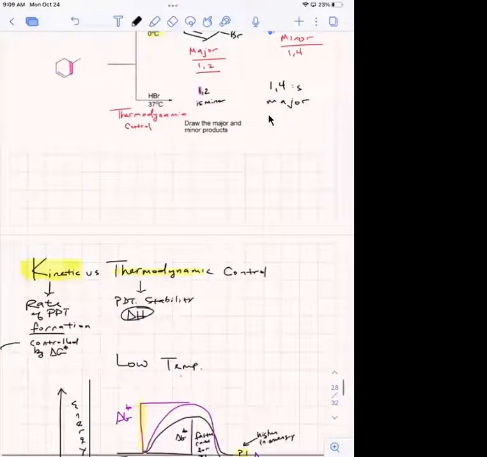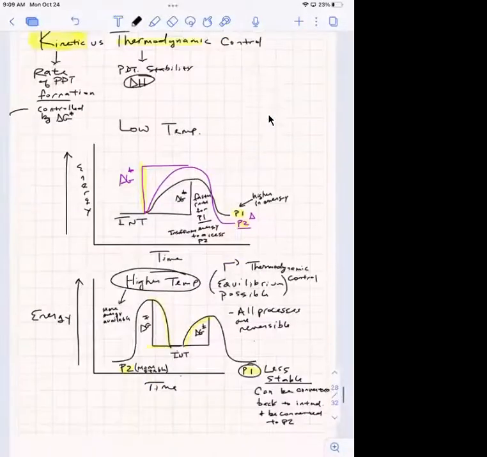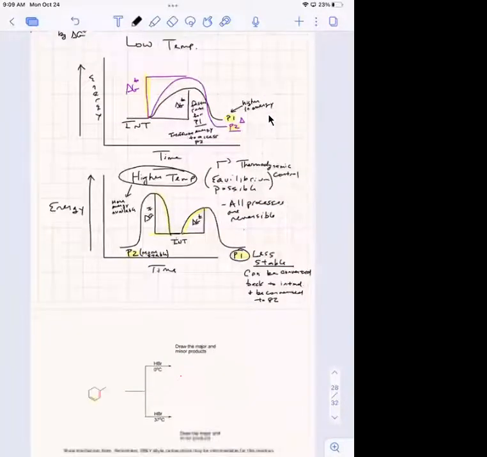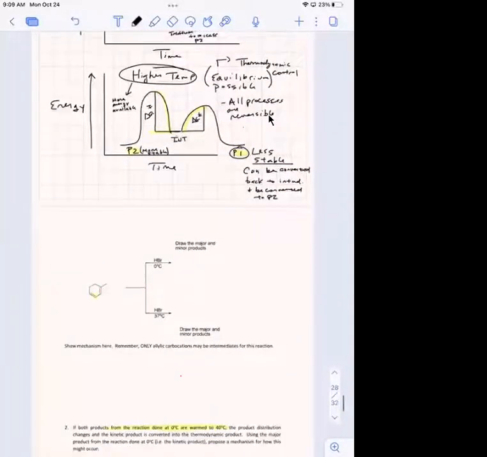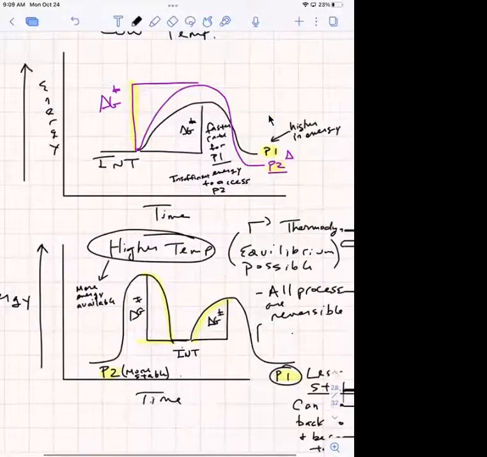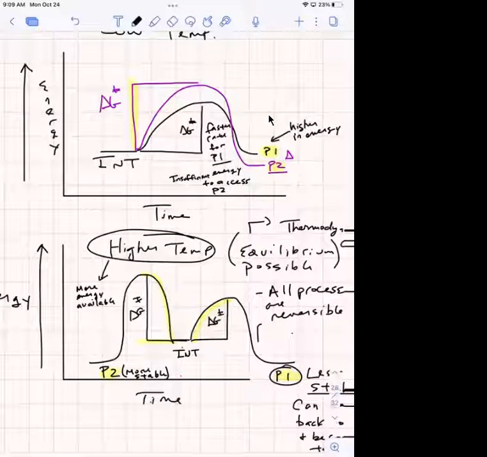All right, so the way we explained it was looking at these two reaction energy diagrams here. We talked about how at low temperature, everything is irreversible. So once the intermediate gets converted into product, that's it. Even if the product is a higher energy product, like the 1,2 in this particular case, it doesn't matter.